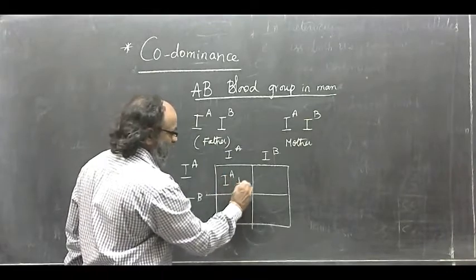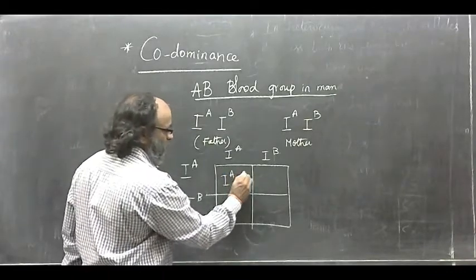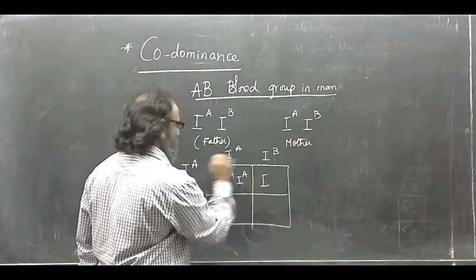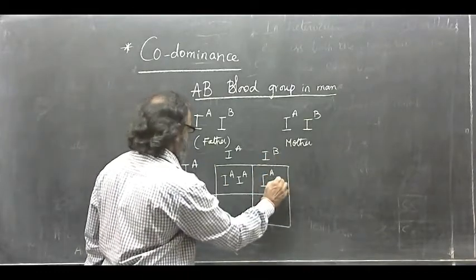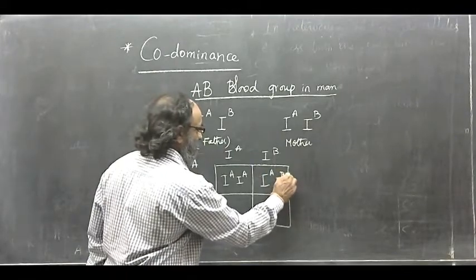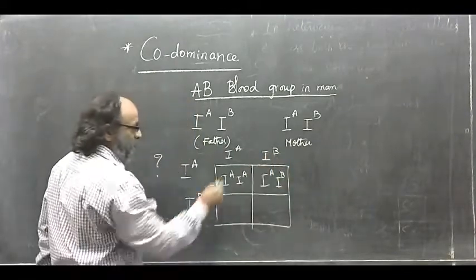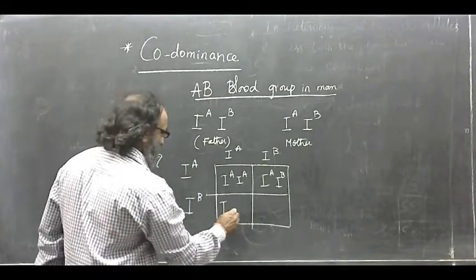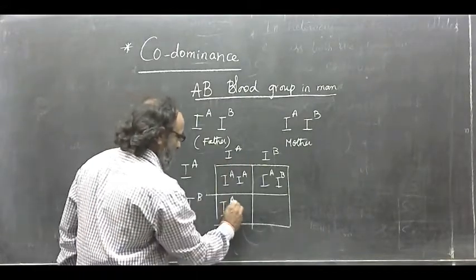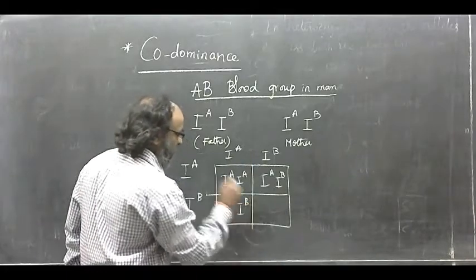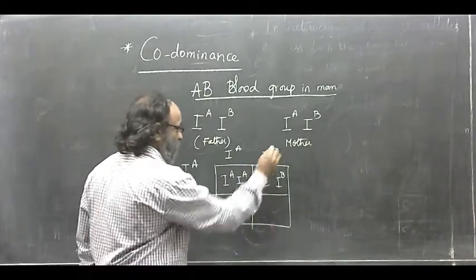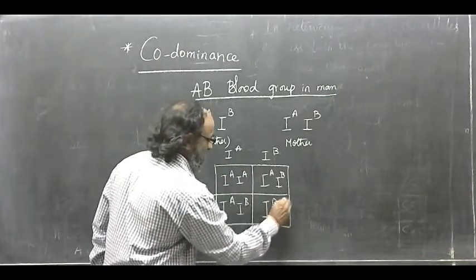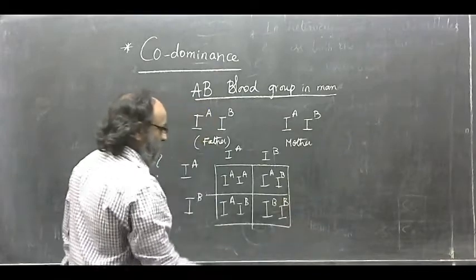One child has A blood group, the second child has AB blood group, even the third child has AB blood group, and the fourth child has B blood group.